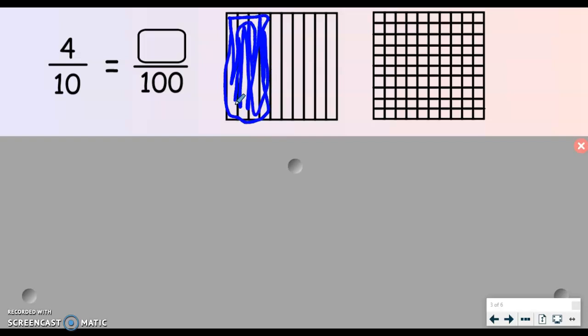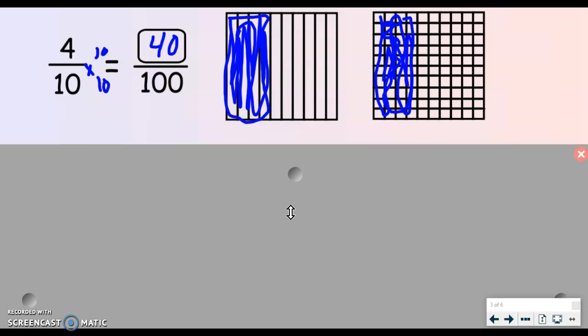Then if you were to do the exact same over here, you would shade in 10, 20, 30, 40, 40 100ths. Or if you multiply, multiplying 10 times 10 would give you 100, and then multiplying 4 also times 10 would give us 40. So 4/10 is equal to 40 100ths.